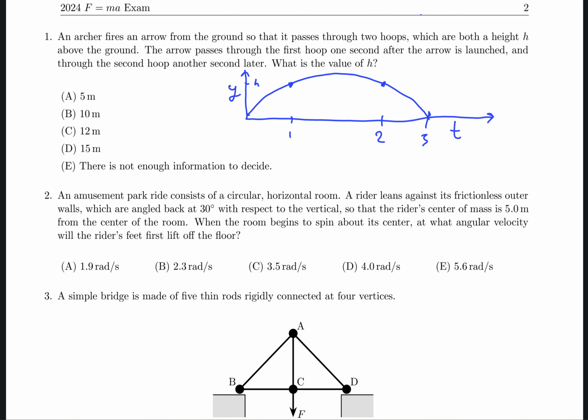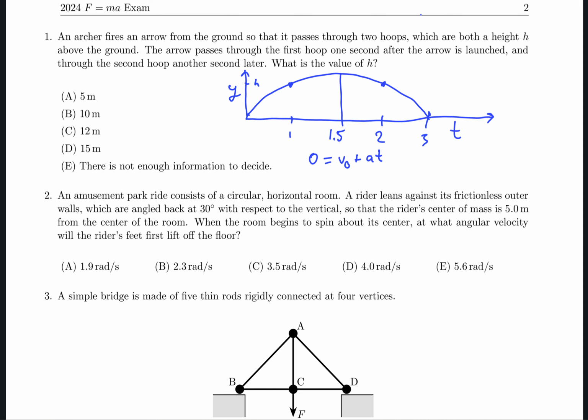This is a pretty basic problem that we solve. I actually prefer the version where we look at the 1.5 second mark, and that's when velocity equals 0. So then using our kinematic equation, 0 equals v naught plus at.